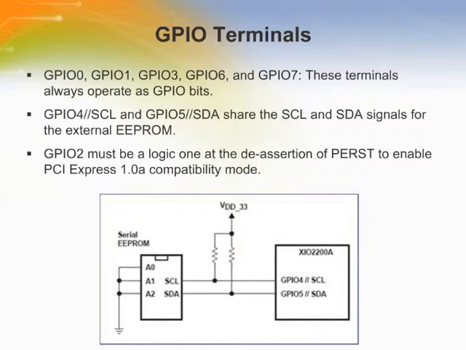All 8 GPIO terminals are individually configurable as either inputs or outputs by writing the corresponding bit in the GPIO control register at offset B4H. The GPIO data register at offset B6H exists to either read the logic state of the GPIO input or to set the logic state of the GPIO output. The power-up default state for the GPIO control register is input mode.